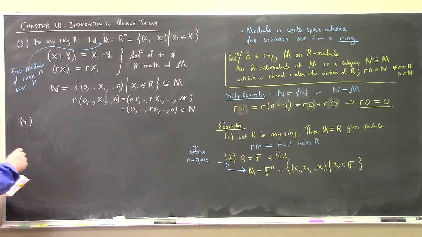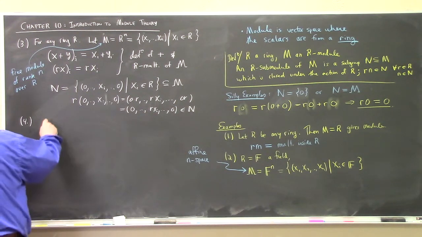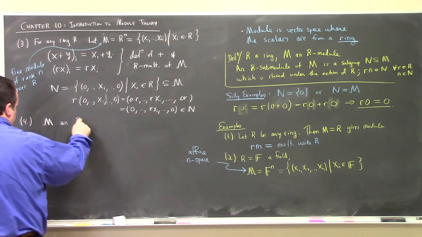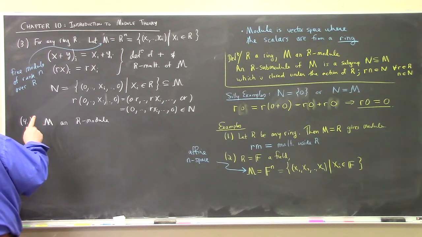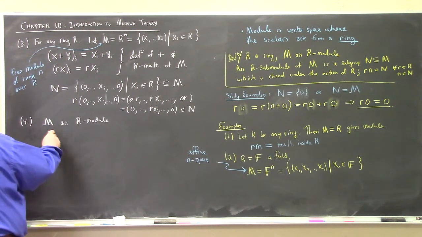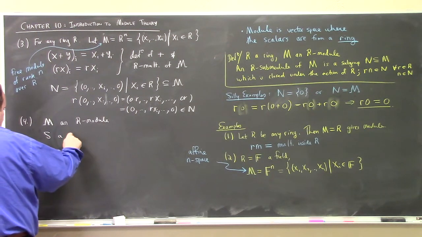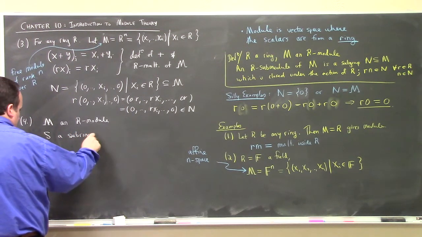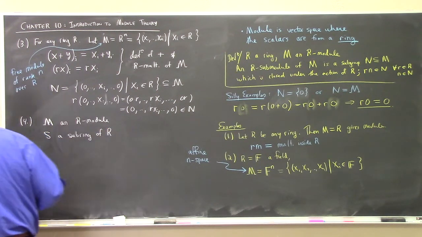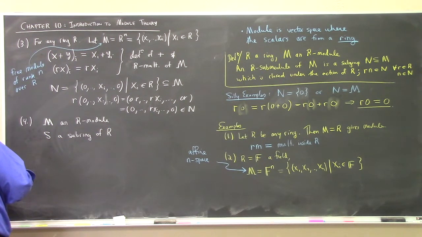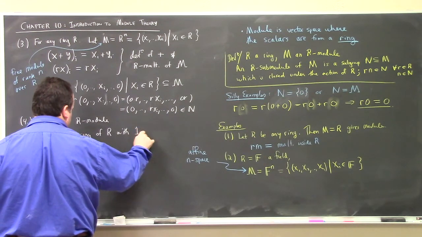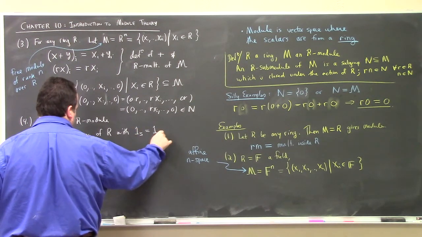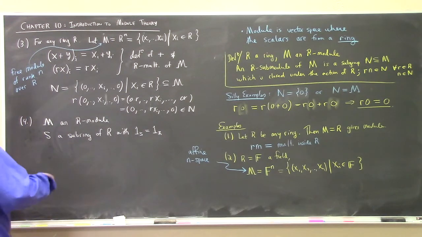Okay, so he says specifically if M is an R module, and furthermore, S is a subring of R, all right? With 1 in the subring equal to 1 in the ring. So we're assuming that is an R module for a ring with identity.